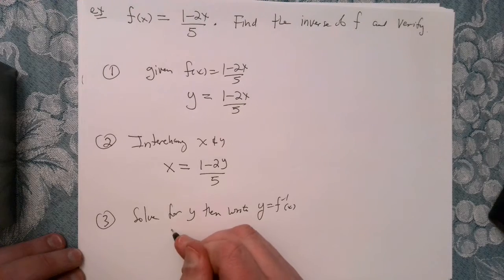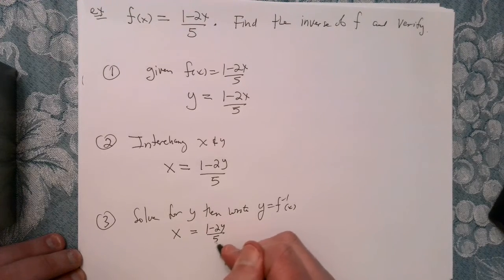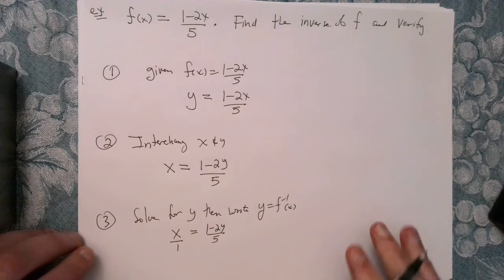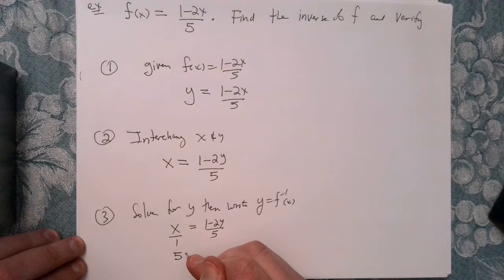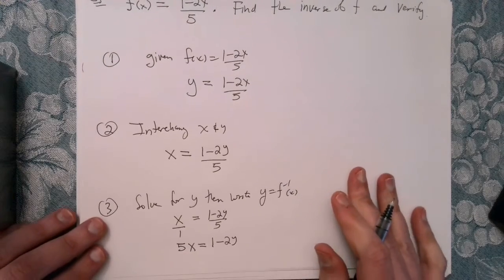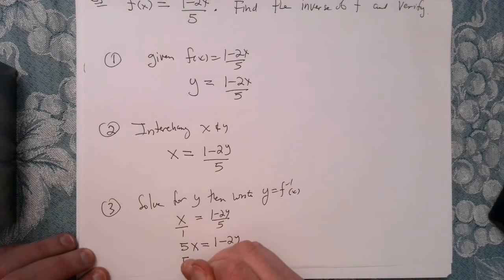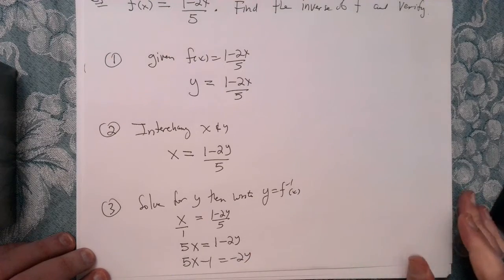Okay, so that's not too bad to solve, right? Well, we've got 2 equal ratios if we put that over 1, so we can just cross multiply. That gives me that 5x is equal to 1 minus 2y. I can subtract 1, so 5x minus 1 is equal to minus 2y.